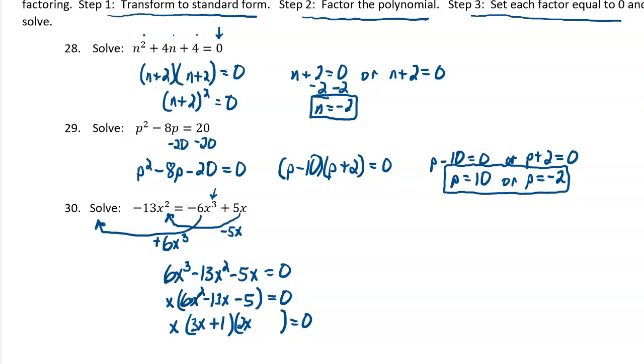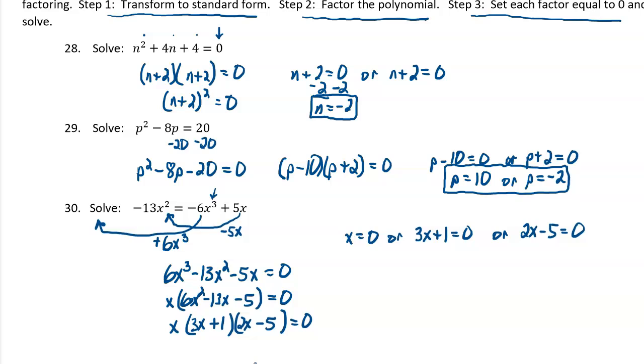If I put the +1 here and put the -5 here, then it creates the -13x that's in the middle. Step 3, set each factor equal to 0. X equals 0, or 3x plus 1 equals 0, or 2x minus 5 equals 0.